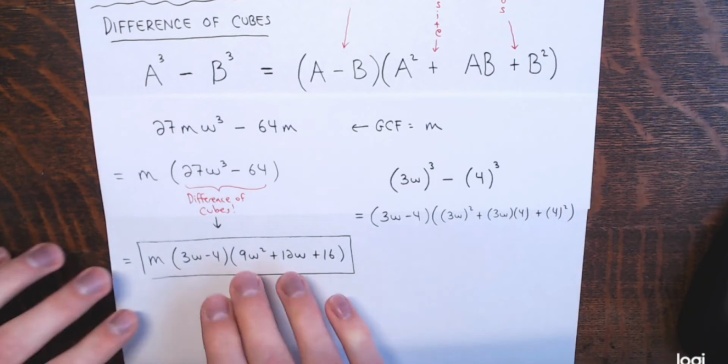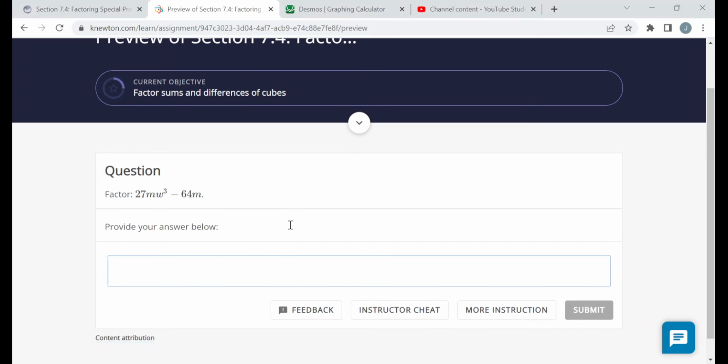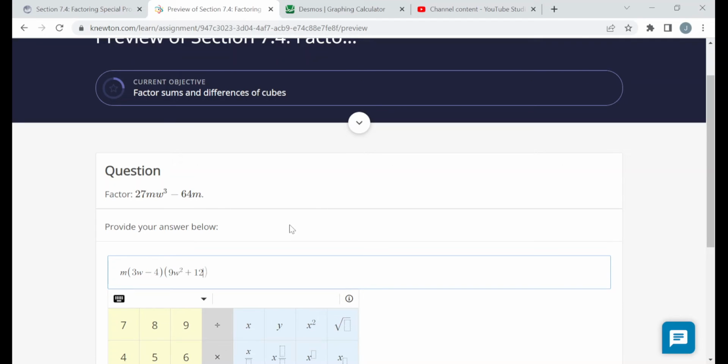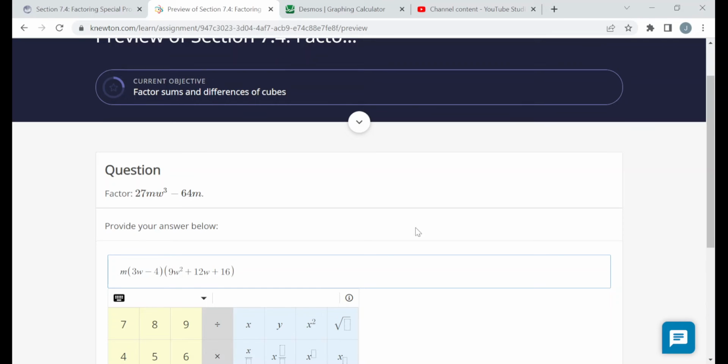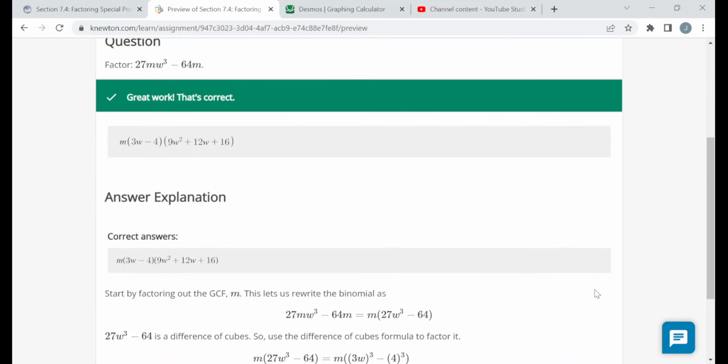And again, you can check by multiplying, but I'll leave that to you. So the GCF m comes out, and then the difference of cubes factored to 3w minus 4 times 9w squared plus 12w plus 16. And that should be good here. Great.